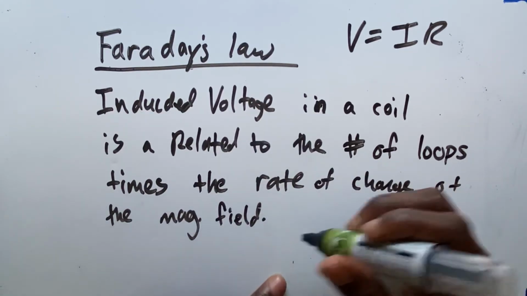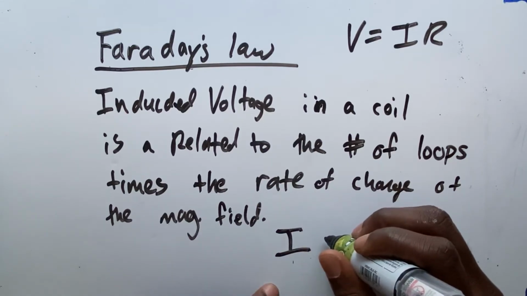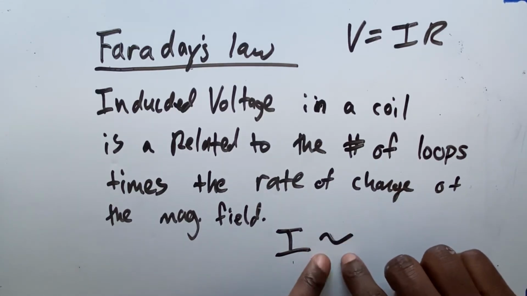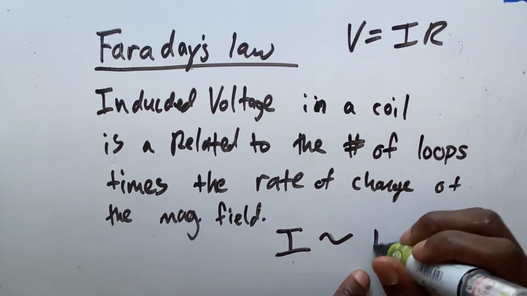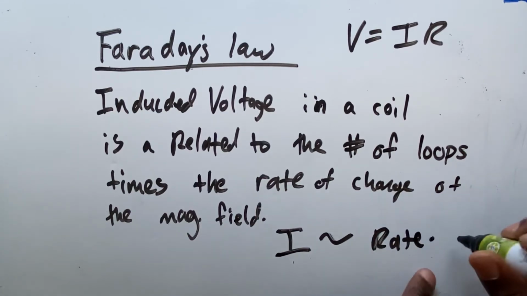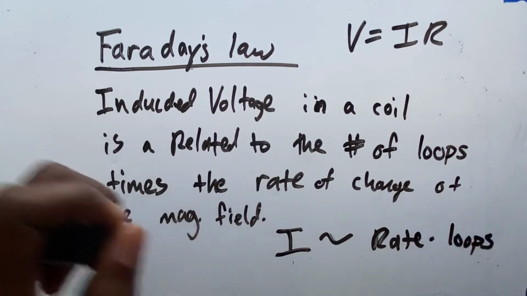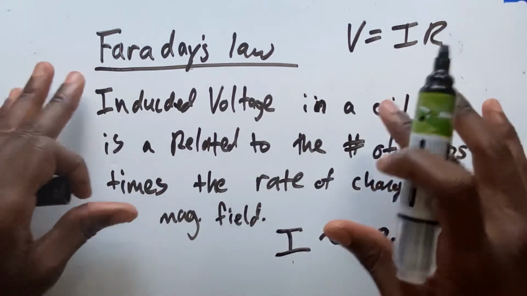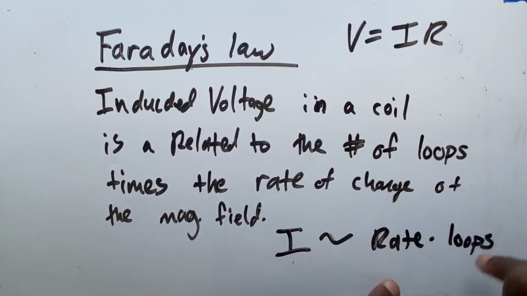So basically the current here is related to, I'm going to use the squiggly line, related to the rate times the loops. Don't really need to worry about the equation for Faraday's law, just kind of understand how it's related to the rate and the loops.